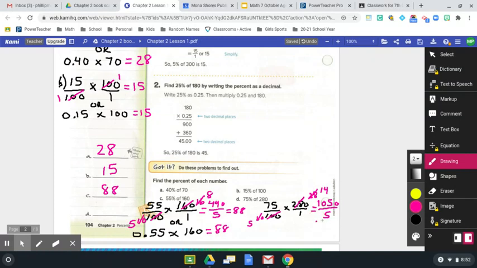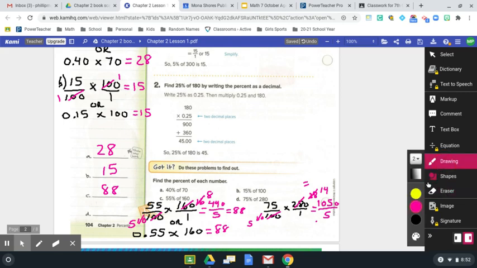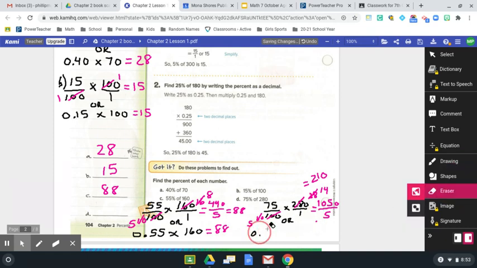Put that up here. So that's saying that 75% of 280 is 210. Okay, let's check the decimal form of it. So 0.75, my goodness, I'm getting a little messy, sorry.